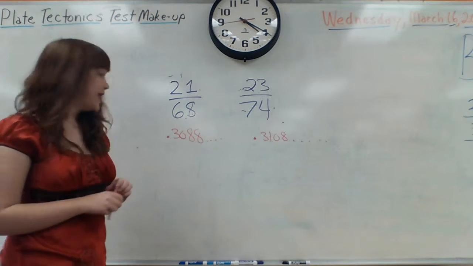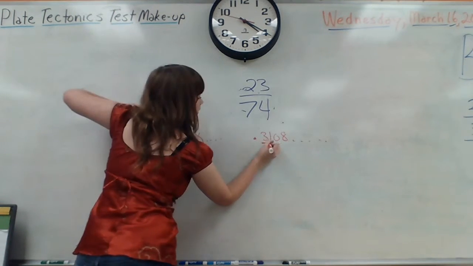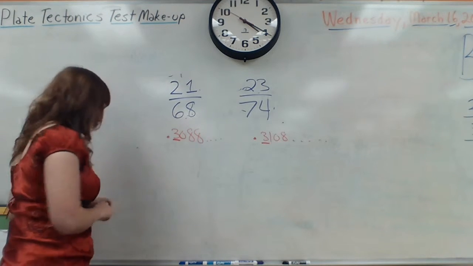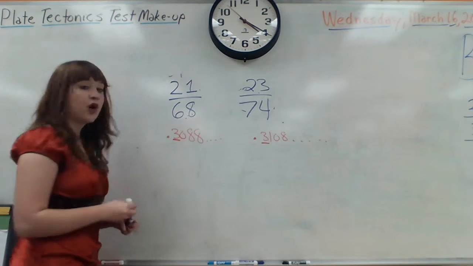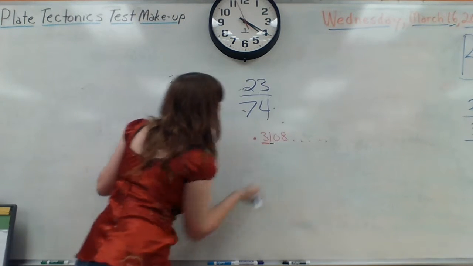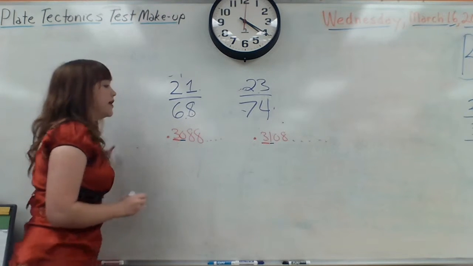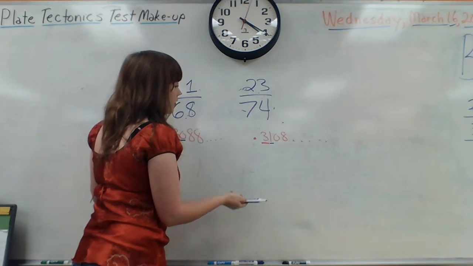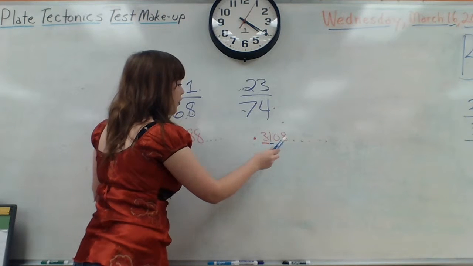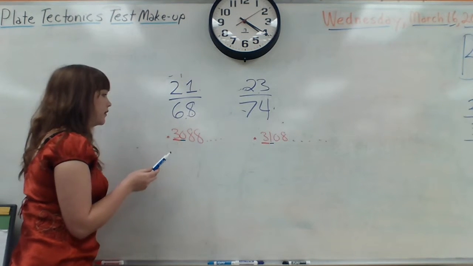Now we just have to look at our place value. When we start in the tens place, the numbers are the same, which means we need to move on to our hundredths place. 0 and 1. 1 is larger than 0, so therefore 0.3108 is larger than 0.3088.